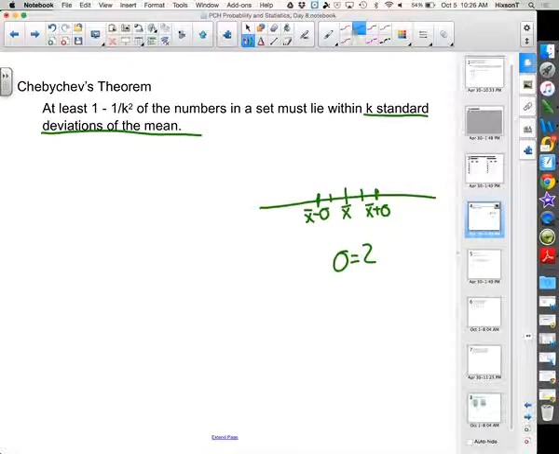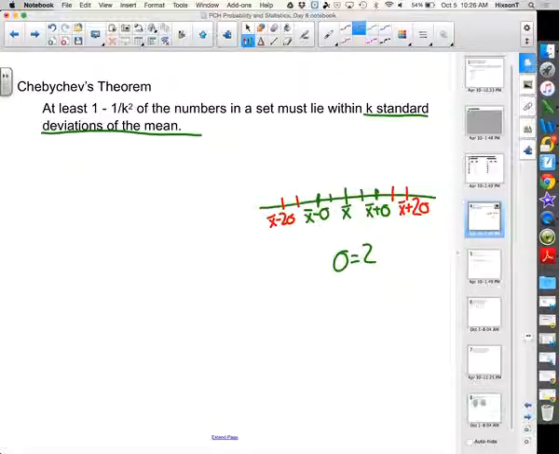If I were to, say, add 2 standard deviations, I would need to start at the mean and go up 2 and then up 2 more. This would be plus 2 standard deviations. And then here we have x bar minus 2 standard deviations.